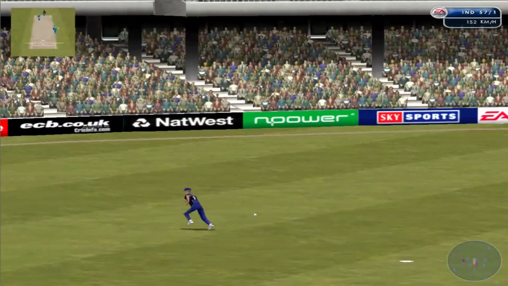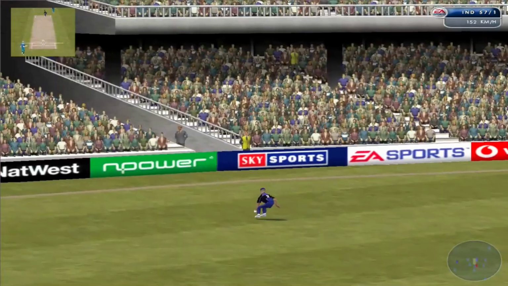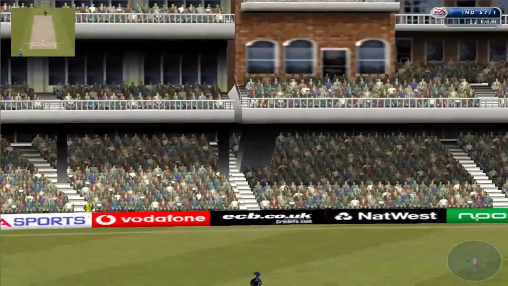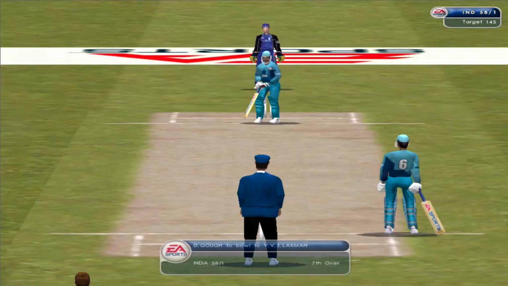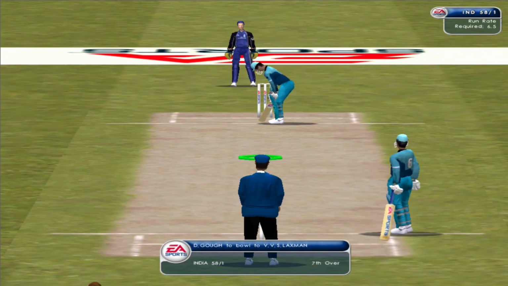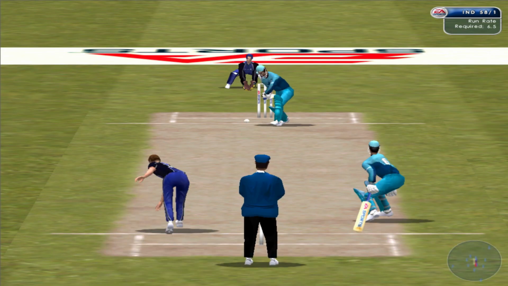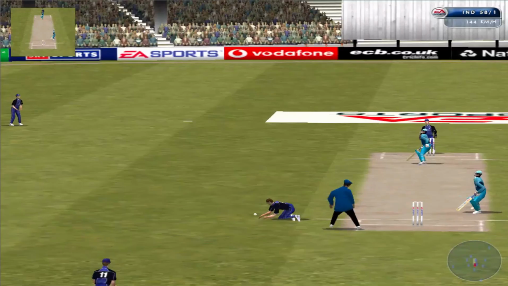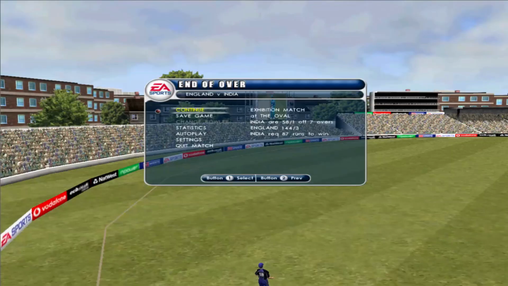Pushed into the gap. Oh. So there was 9 off that over.